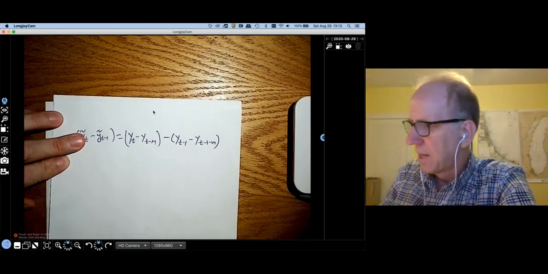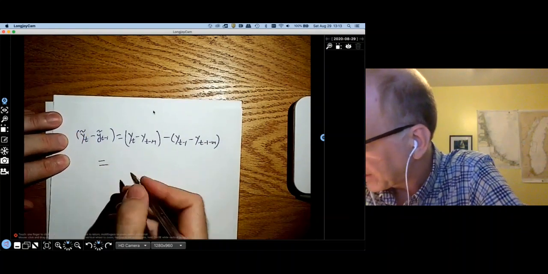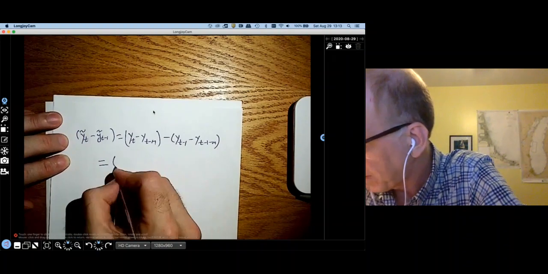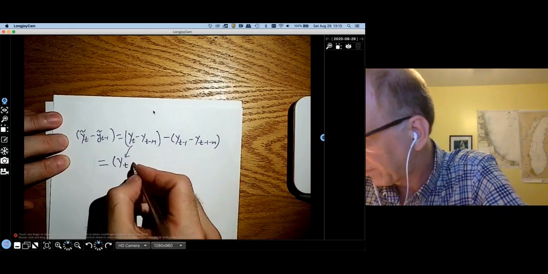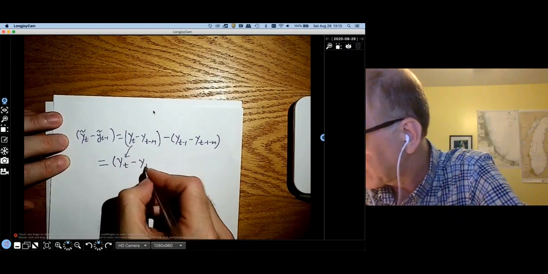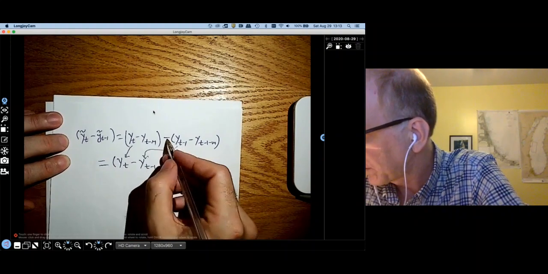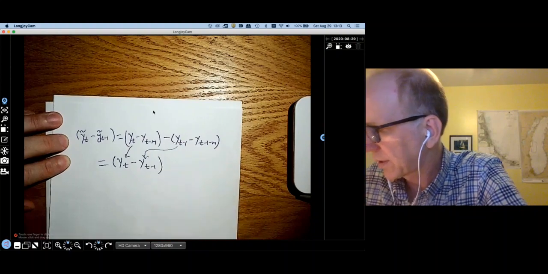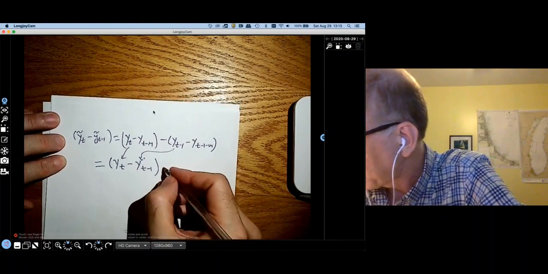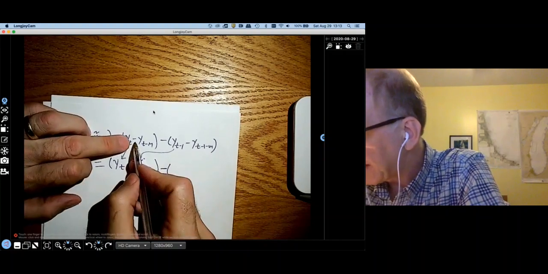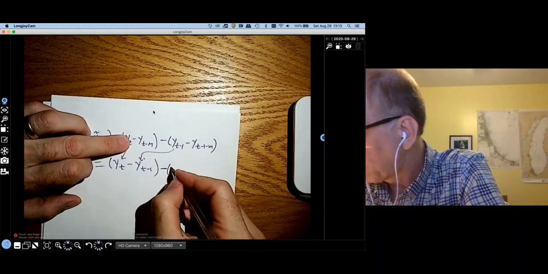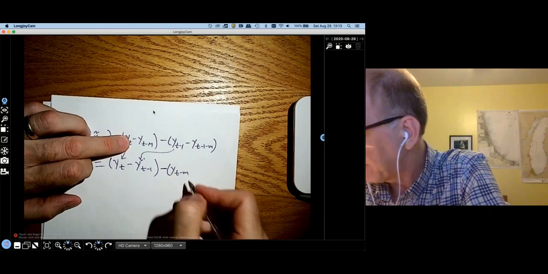Now, I'm going to rearrange a few things here. I'm going to rewrite this as y sub t. Let me just draw arrows to show you where this stuff is coming from. Minus y_(t minus 1). The minus goes in front. And then what we're going to do here is I've got a negative, I'm going to pull that out. y_(t minus m).